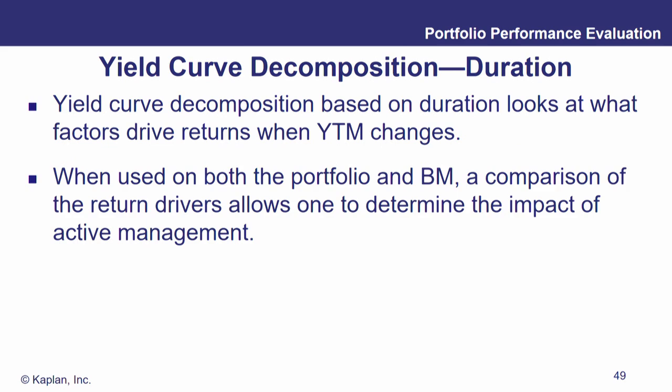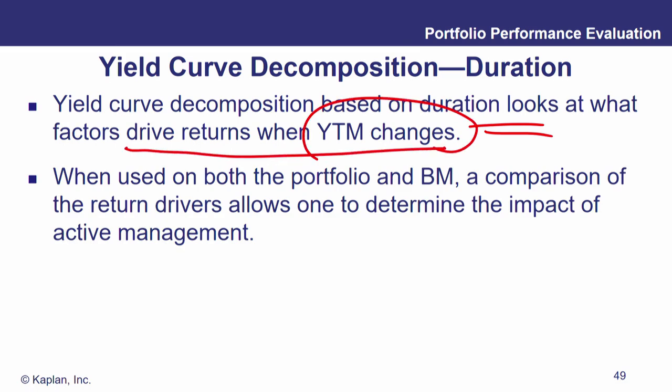Now, this yield curve decomposition, it's going to be based on what duration looks like and what factors drive these returns when the yield to maturity changes. So when used on both the portfolio and the benchmark, we can make a comparison of these return drivers, and we can determine the impact of active management. So just like we did in the other models, we're just trying to figure out, did the actions taken by the portfolio manager add value to the portfolio, or did they not?